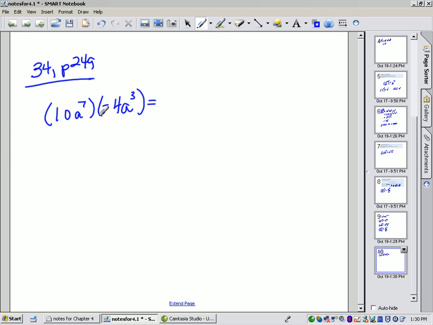So we have the coefficients that can be multiplied. We can write that as 10 times negative 4. And then a to the 7th can be multiplied by a to the 3rd because they're like bases. So this would really be negative 40 times a to the 10th because we add the exponents there.